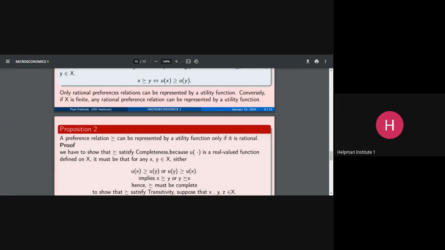So we can show that this preference relation satisfies completeness. What does this mean?